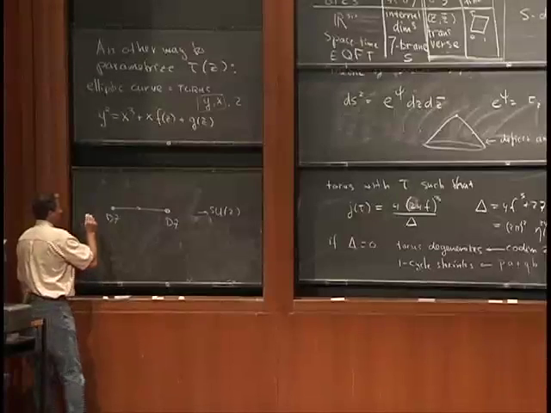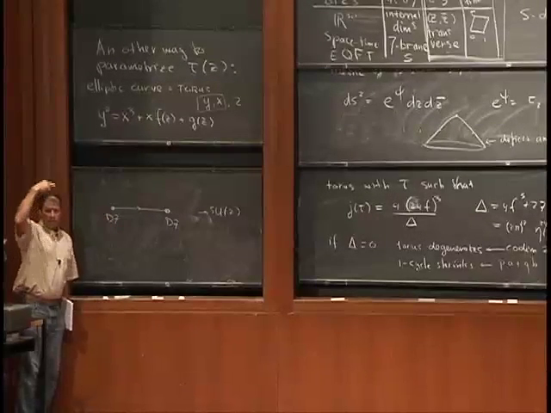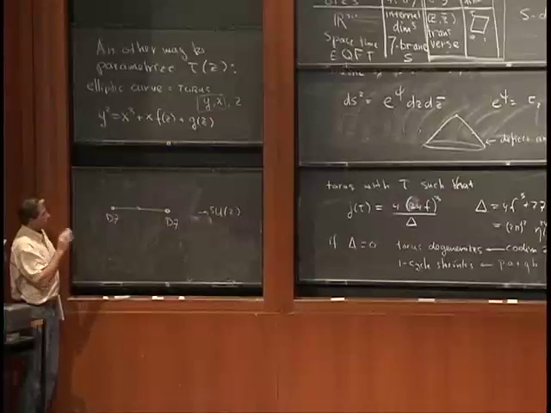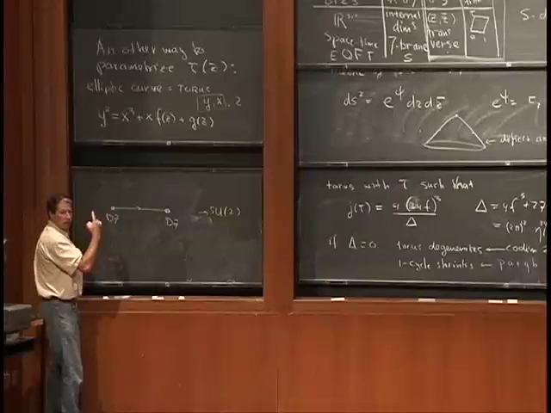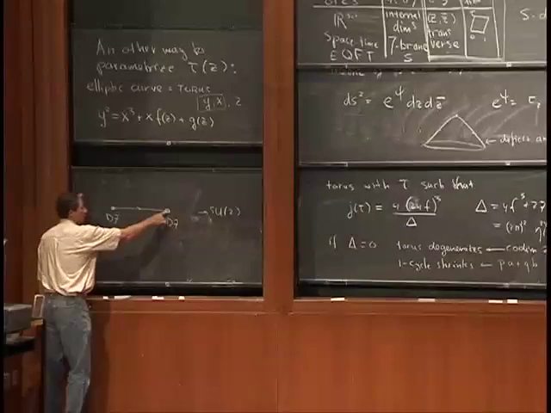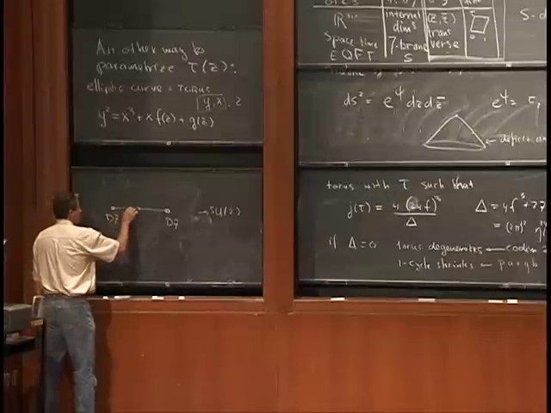But there's a useful perspective where I think about the extra torus that's also on top of this plane. Let's keep track of the A cycle. The A cycle shrinks here, and the A cycle shrinks there, because that's what tau does. But in between it has a finite size.